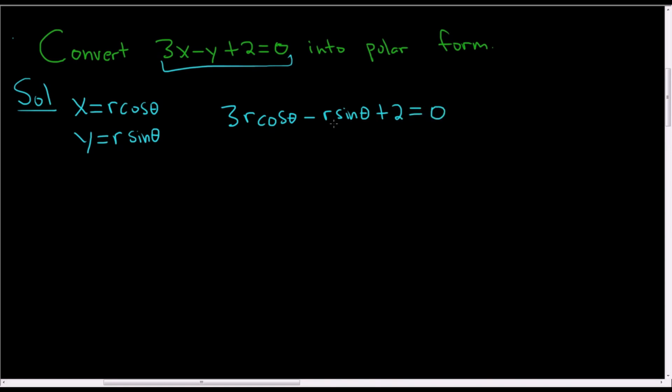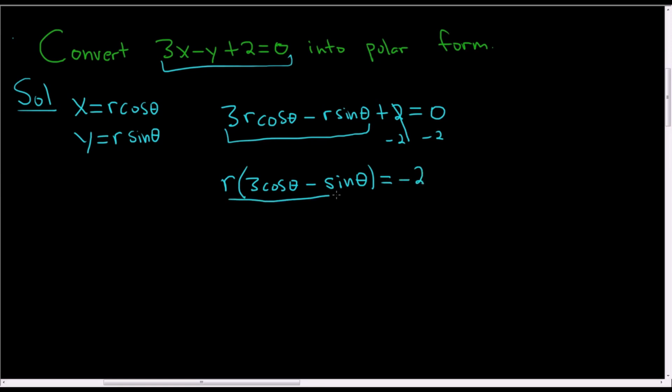To finish, we have to solve this for r. So we'll subtract 2 from both sides and factor out the r from these terms here. So this is r times (3 cosine theta minus sine theta), and that's all equal to negative 2.